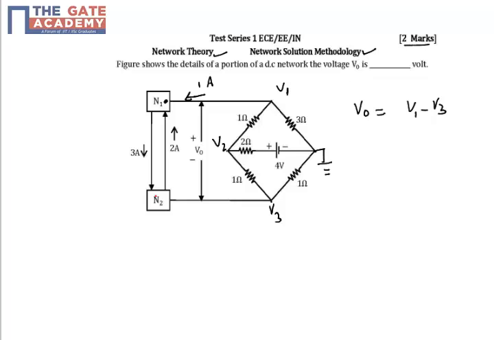Similarly, at node N2 we have a 2 ampere outgoing current and 3 ampere incoming current, so we'll have a 1 ampere outgoing current from node N2, right?